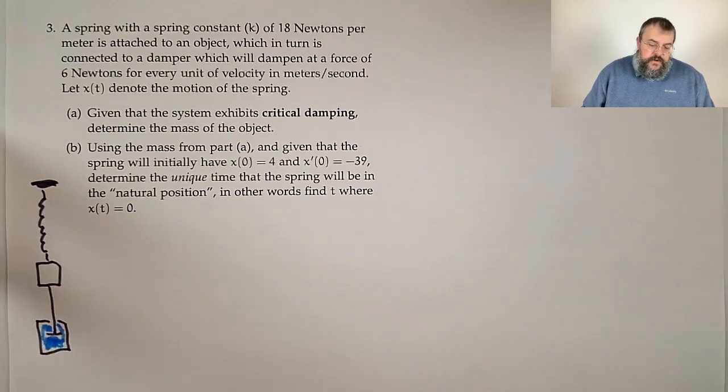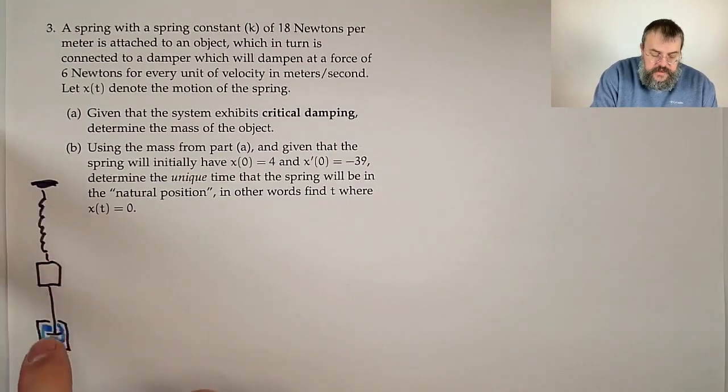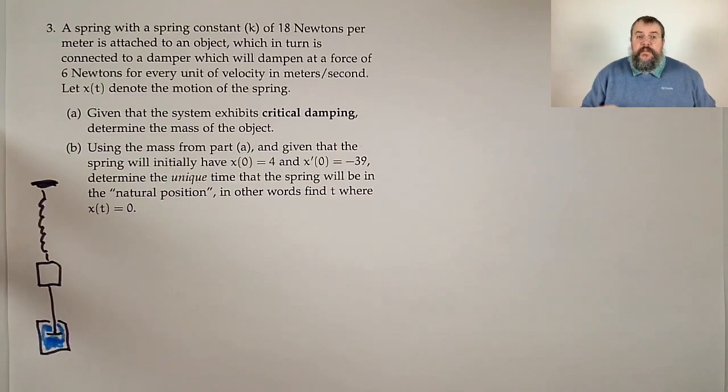And so the spring constant we know, and the damping we know, we just don't know the mass. And there's no external forces being described here, and so we're not going to assume that there are any external forces. And so that makes it really nice.